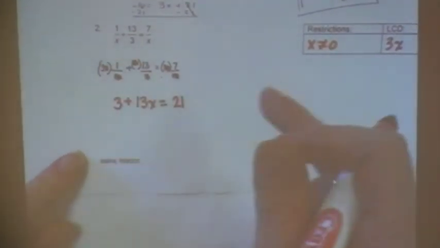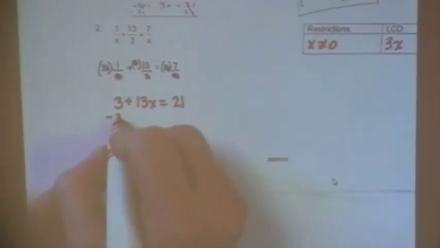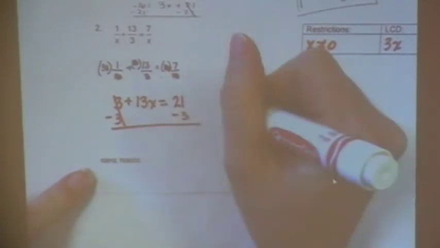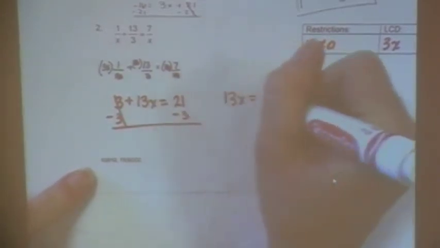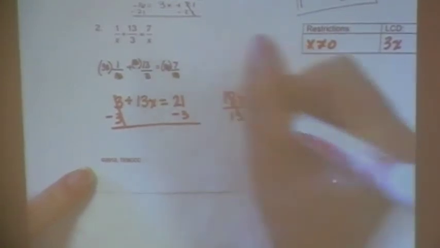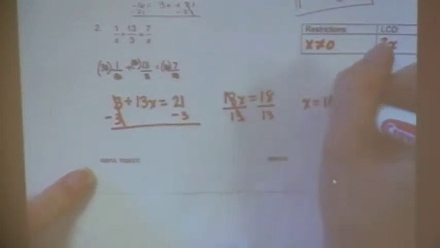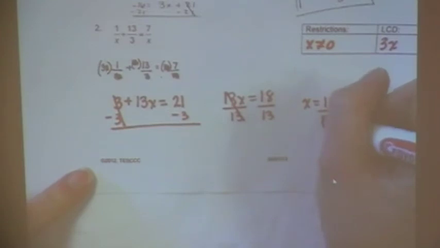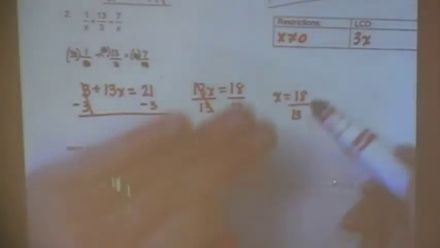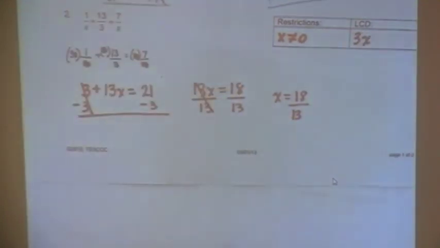And then you just solve. So I got 18/13. You just got to check against your restriction and make sure it's not your restriction. It's not, so you're good.